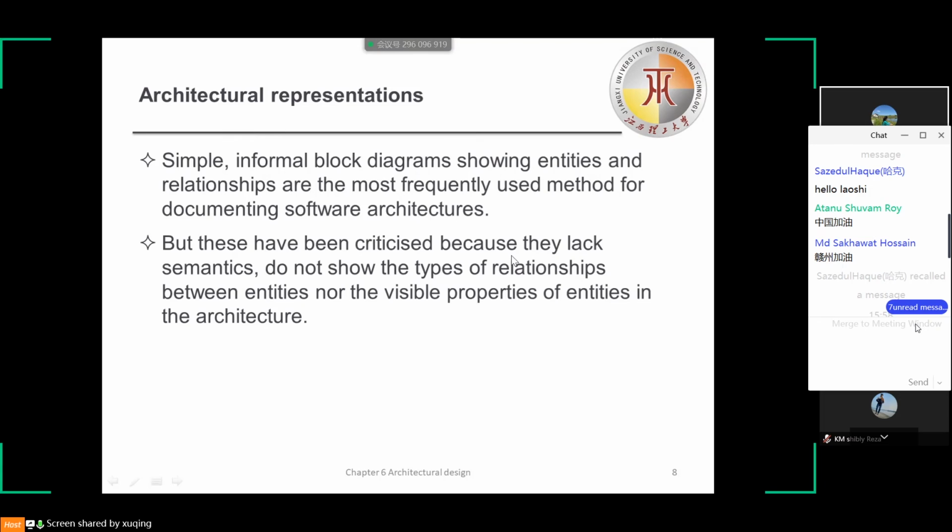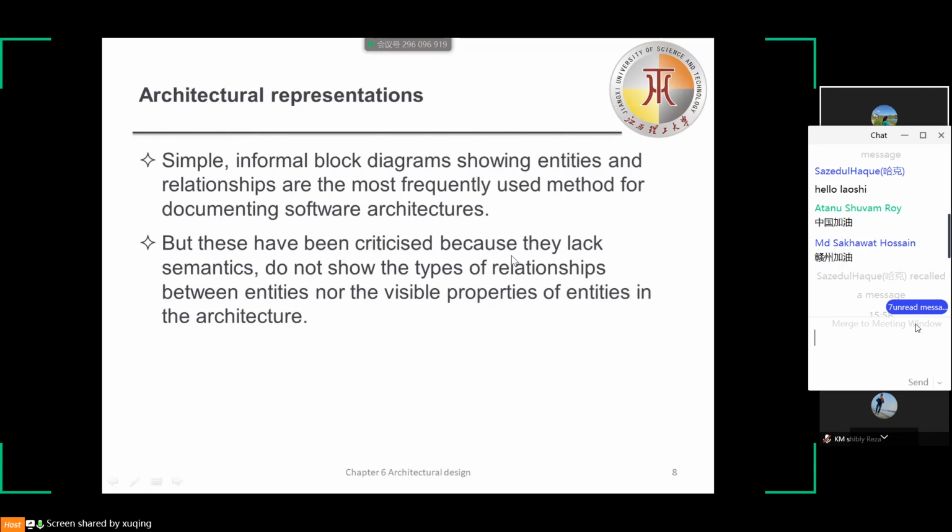People from different disciplines who are involved in the system development process can readily understand them. However, with this widespread use, we say that these informal block diagrams to describe an architecture may be poor architecture representation.